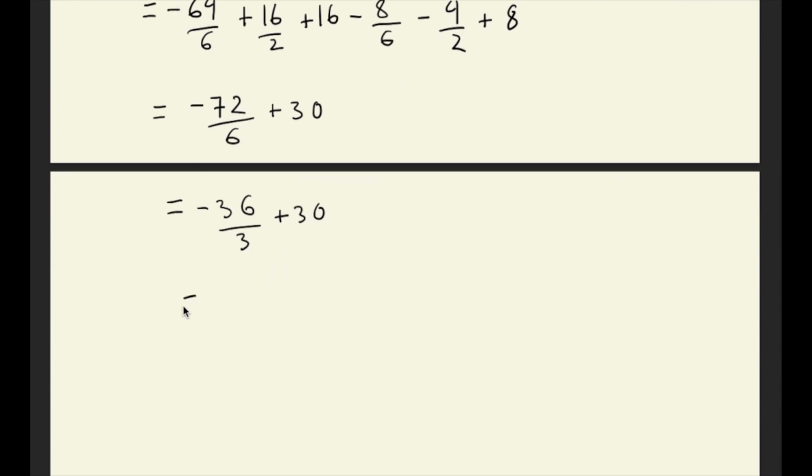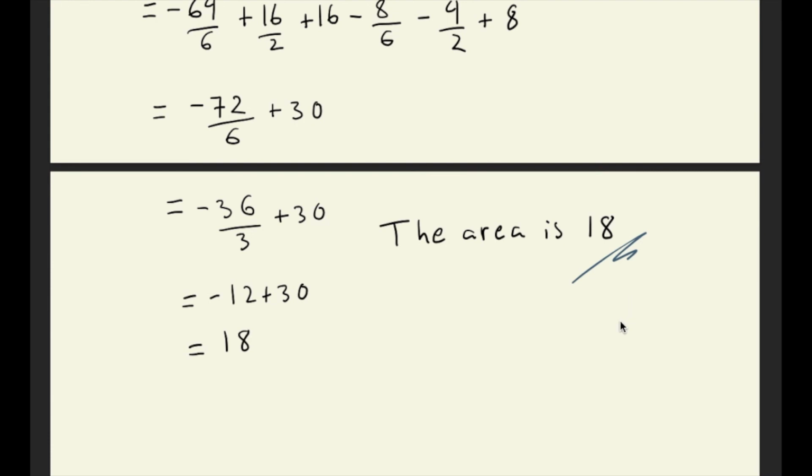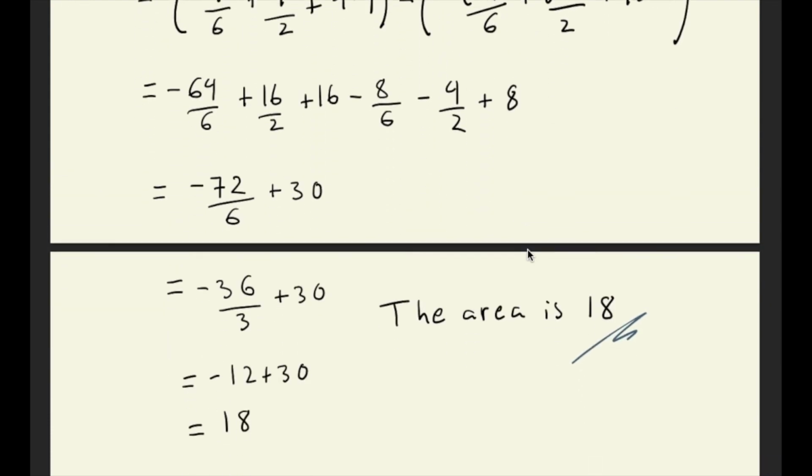And 36 over 3 is just minus 12 plus 30, which is 18, right? That's the area. So the area. All right, not so bad. So hopefully it made sense.